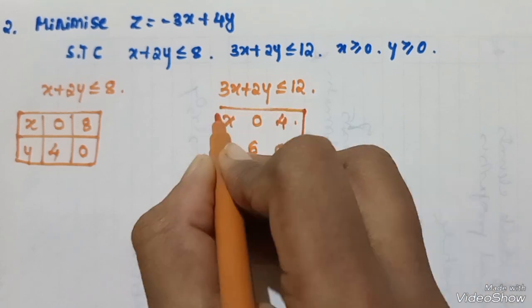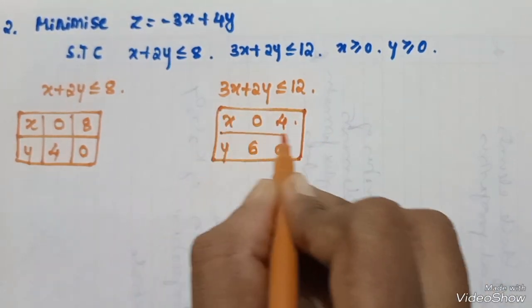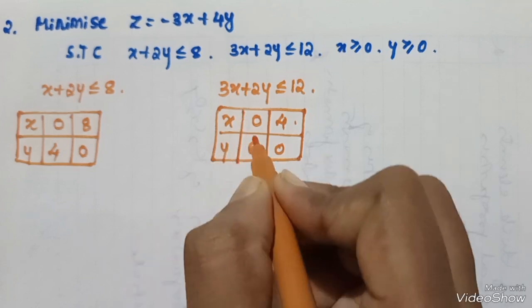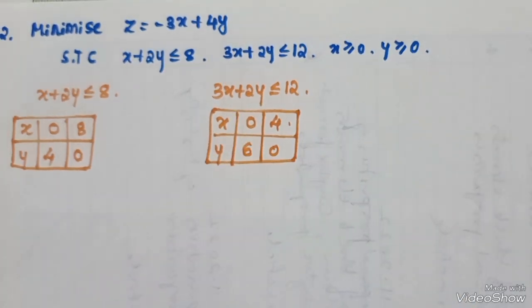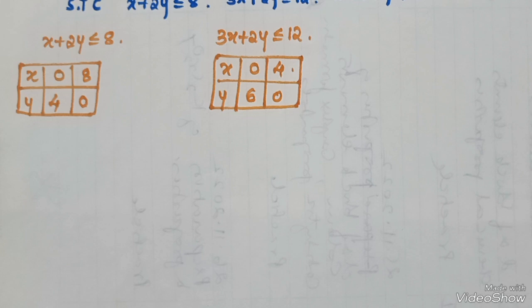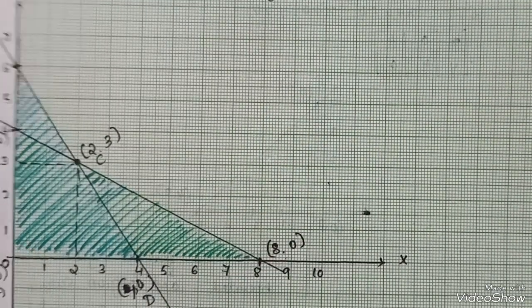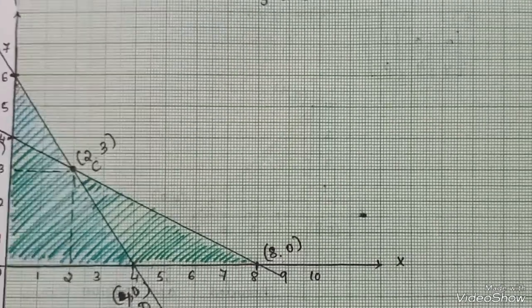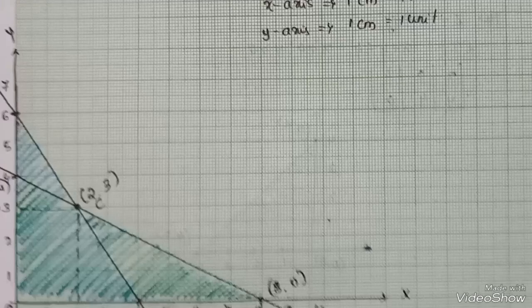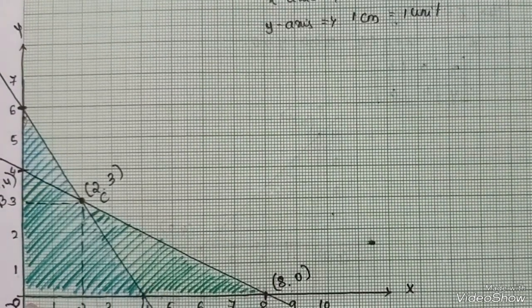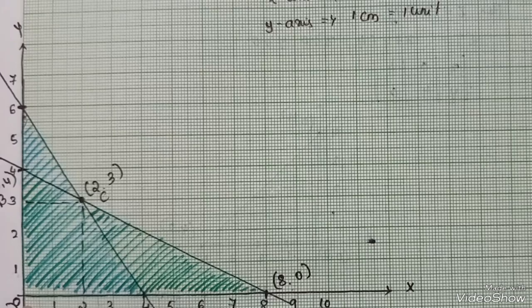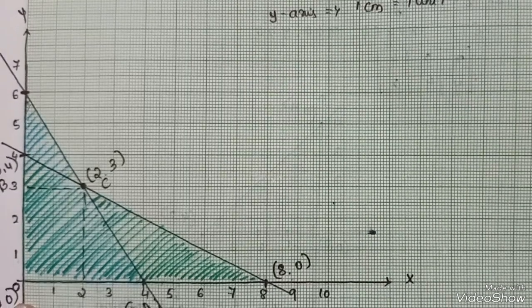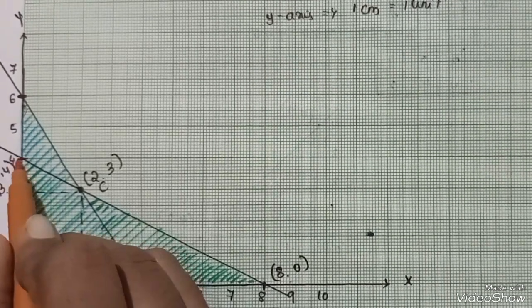We have the points now. Okay, for these two equations we have to draw a graph. Here I am taking a graph; I have already plotted a graph here. Now we have to verify the points. First check x is 0, y is 4. Here x is 0, there is a point y is 4.